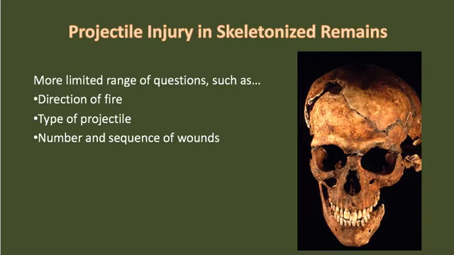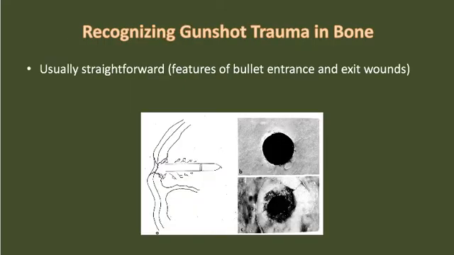Unless an individual has specialized training in ballistics, ballistics is not going to be the purview of a forensic anthropologist. A forensic anthropologist is really just going to be looking at the range of questions listed on the slide here, including the direction of fire, the type of projectile, and the number and sequence of wounds.